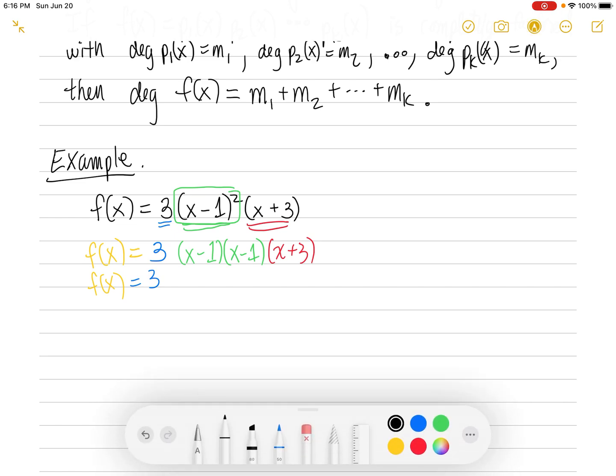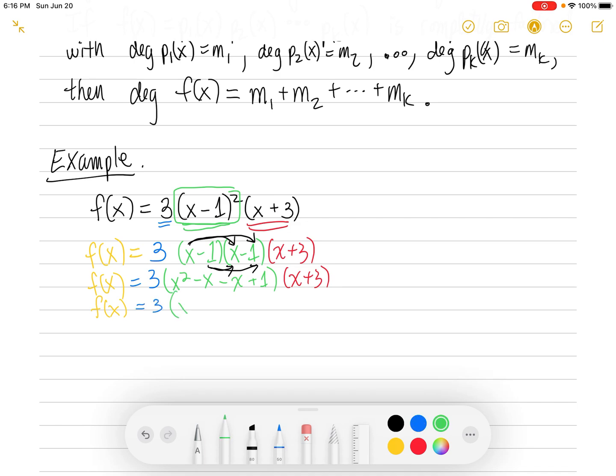You basically FOIL. You take x times x is x squared, x times minus 1 is minus x, minus 1 times x is minus x, and minus 1 times minus 1 is positive 1. And then we write x plus 3. We call that foiling out the green.